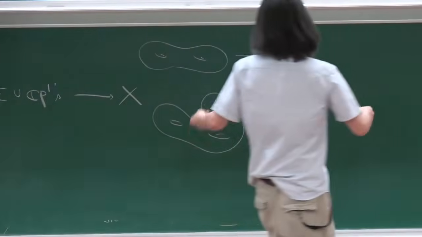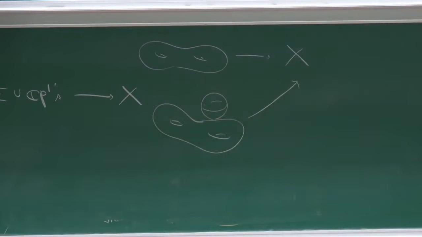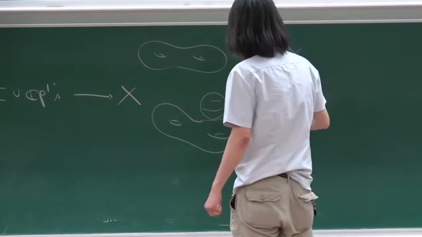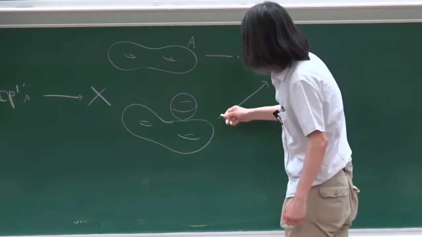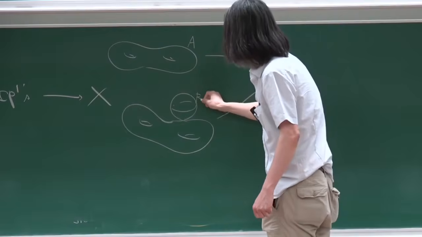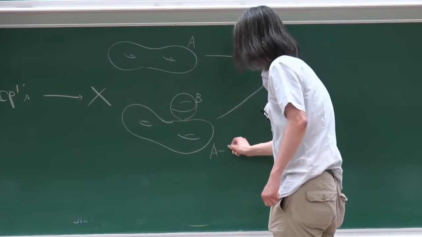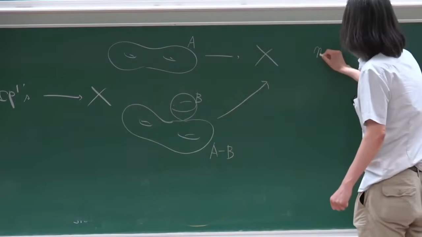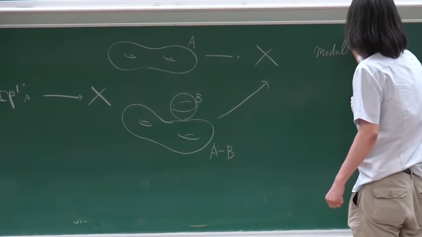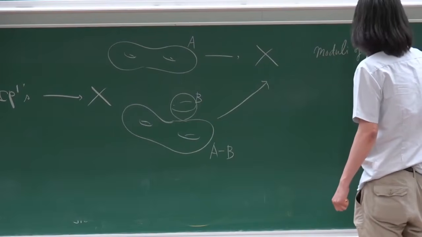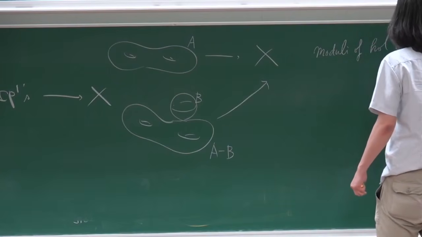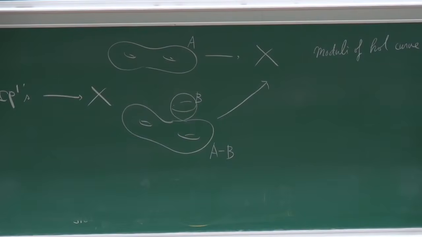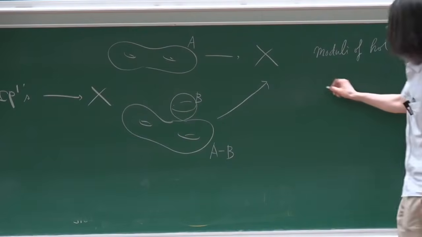And then now compute the dimension of the moduli space. So here, the homology class is A, and maybe the homology class of this is B, then this is A minus B here. So the moduli of holomorphic curves in class A, and say genus g, what is the dimension?